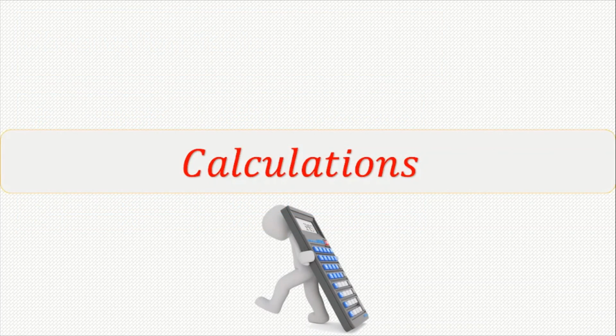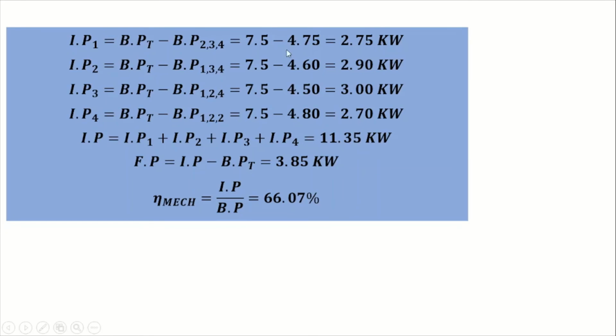Calculation for the indicated power of each cylinder: IP1 is 7.5 minus 4.75, which is 2.75 kilowatt. Same for indicated power 2, 2.90 kilowatt. Indicated power 3, 3 kilowatt. And indicated power 4, 2.70 kilowatt. Total indicated power is the summation of the first, second, third and fourth indicated power, which is 11.35 kilowatt.